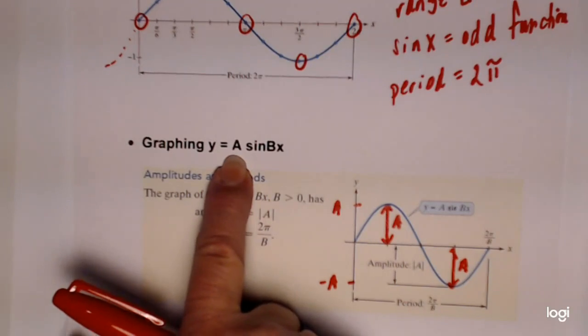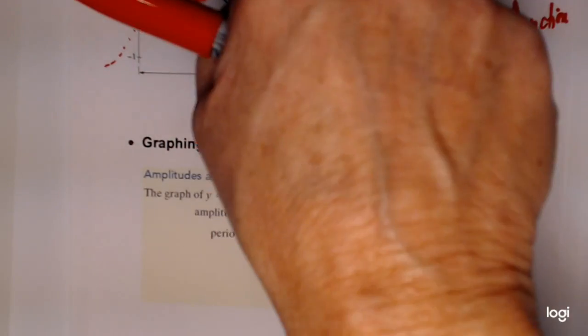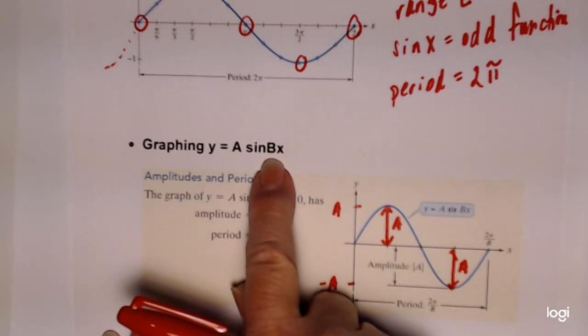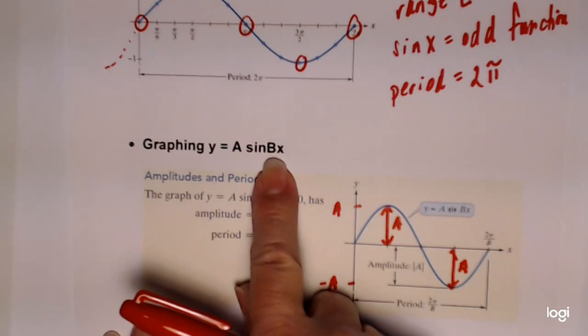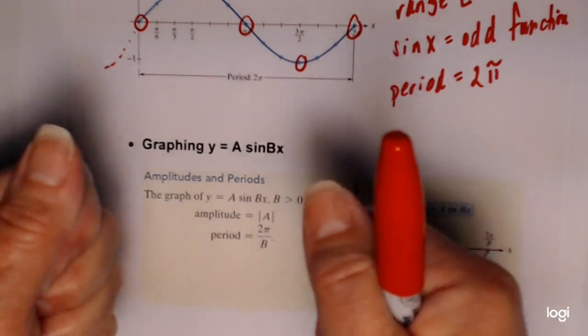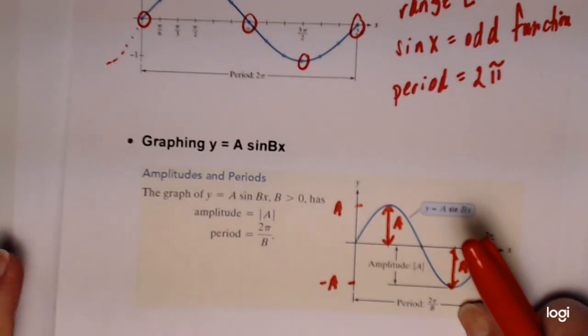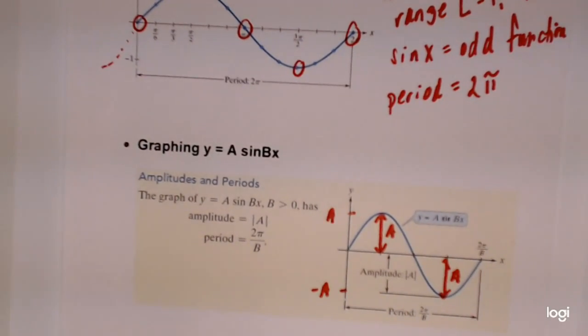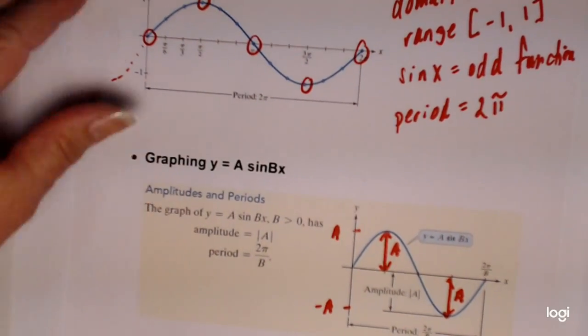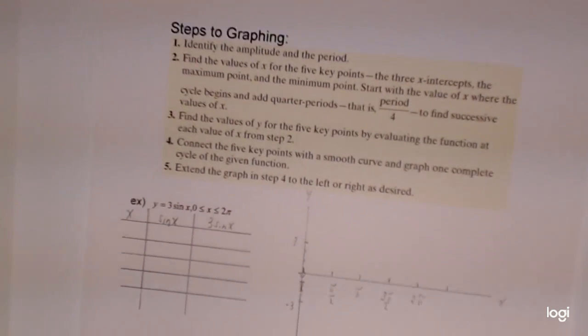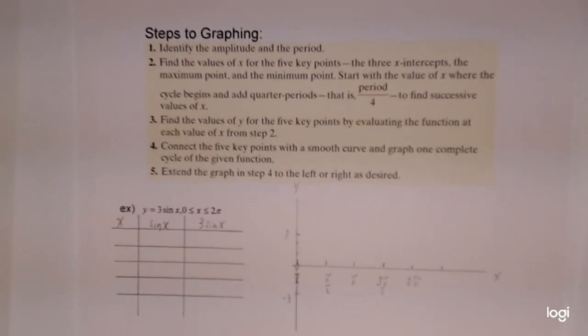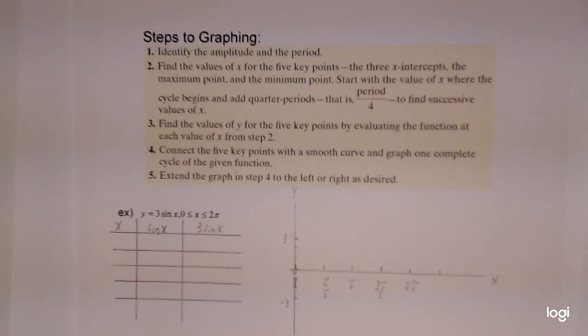It's going to stretch our function like this or shrink it down. And then B is a horizontal change, which will stretch our trig function, either stretch it or shrink it along the x-axis. So let's take a look at the steps that we are going to use, and then we'll go ahead and graph one.